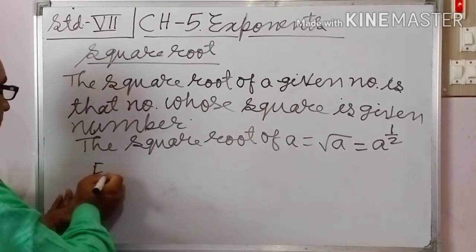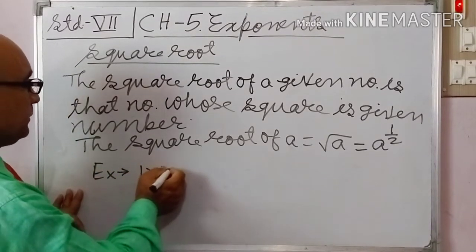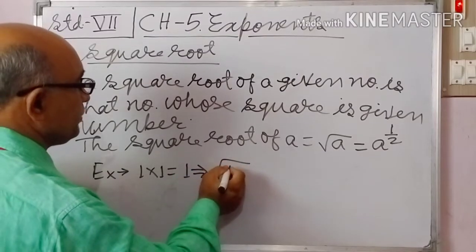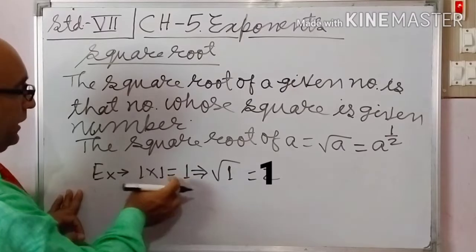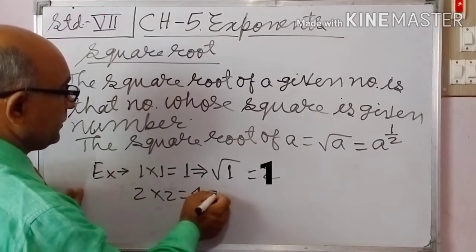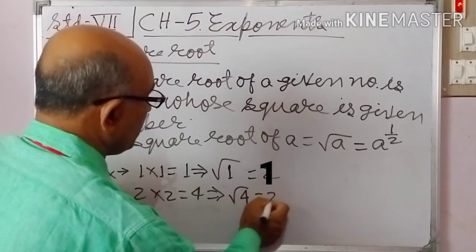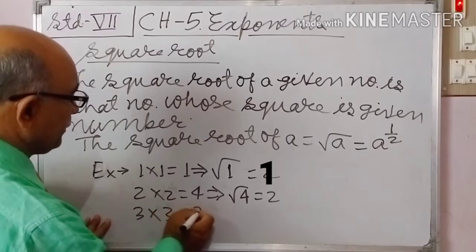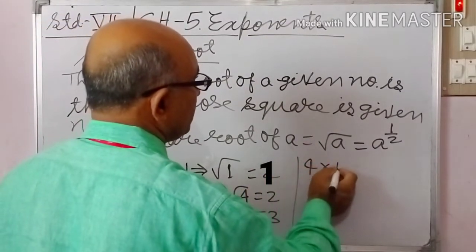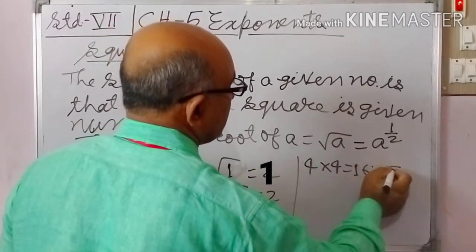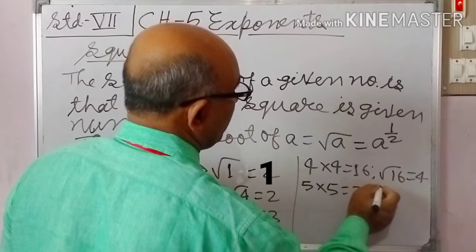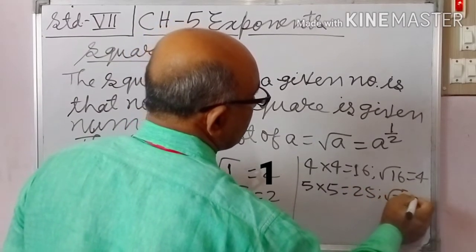Now, example. 1 into 1 equal to 1, that implies the square root of 1 equal to 1. 1 is the square of 1 into 1. 2 into 2 equal to 4, that implies root 4 equal to 2. 3 into 3 equal to 9, that implies root 9 equal to 3. 4 into 4 equal to 16, root 16 equal to 4. 5 into 5 equal to 25, root 25 equal to 5.